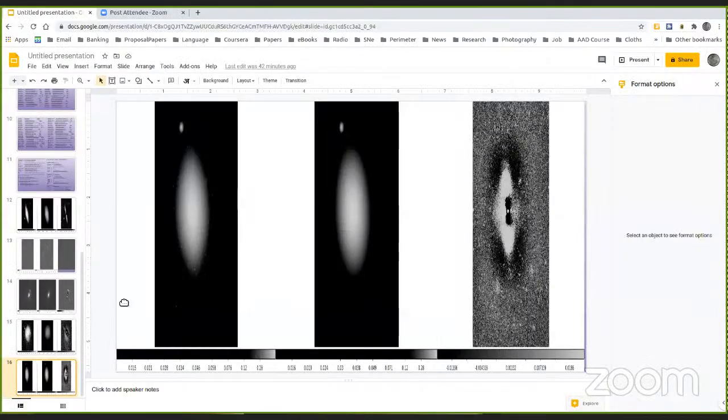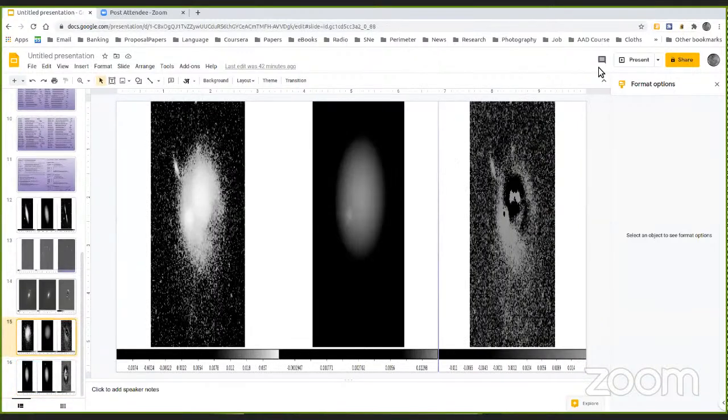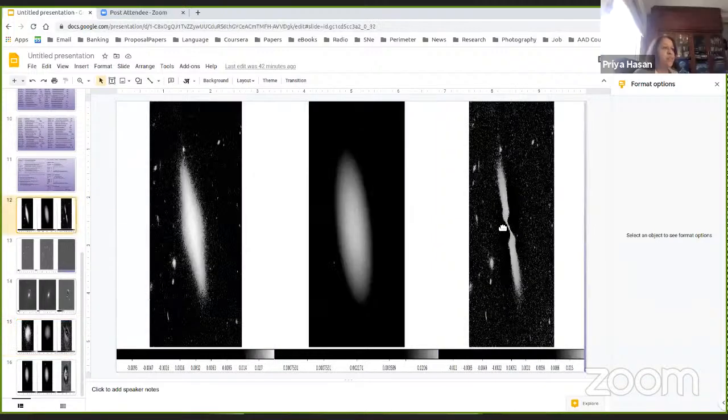So let's see, I think it is on slide 12. Okay, yeah, that one. Which model did you fit this one with? Mrinalini, you're muted, just unmute yourself.